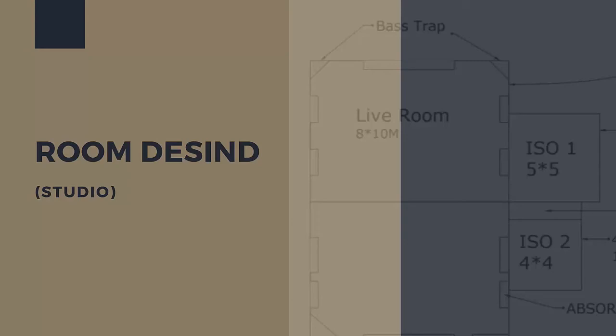Isolation booth 2 in my design is next to the control room, because I would like to design this room for vocal recording, or in other words, it's called a vocal booth.